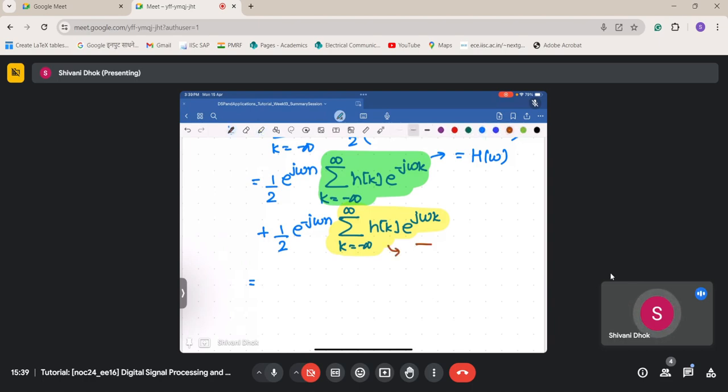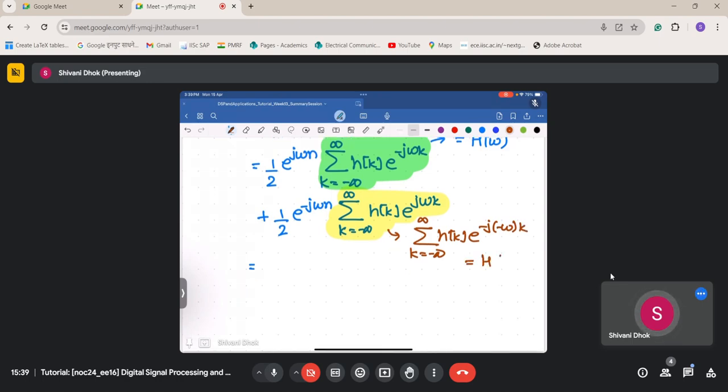And this thing here I can write as summation k running from minus infinity to infinity h of k into e power minus j (minus omega) k. So this is simply the DTFT of h of n, but now evaluated at minus omega.